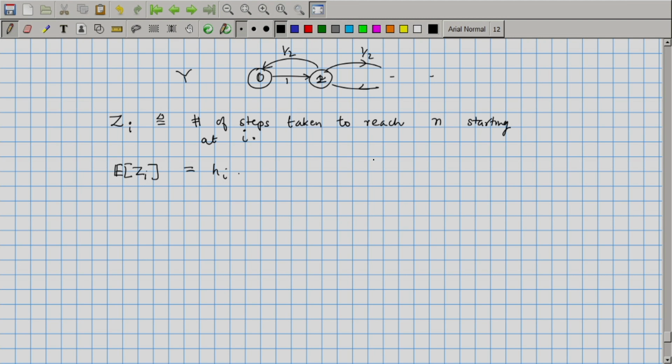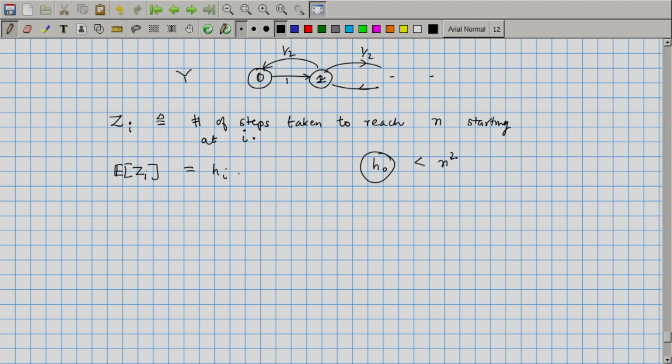So, H0 is the quantity that is of importance to us in the algorithm's analysis. If we show that H0 is less than n square, then that means our algorithm has a chance to find the solution; if you run the algorithm for n square steps, we expect to find a satisfying assignment.